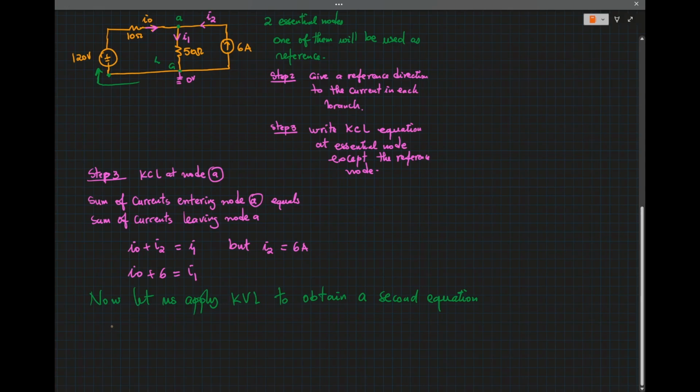So we are going to label the voltages. Okay, so let's say this is a V 10 ohms and this is a V 50 ohms, or if you want, I could call this V1 and V2.